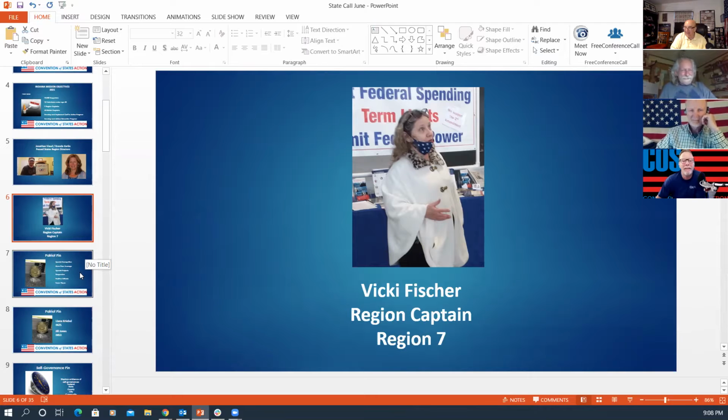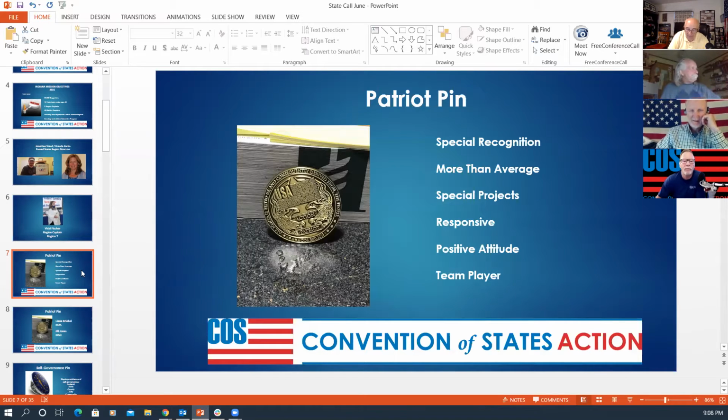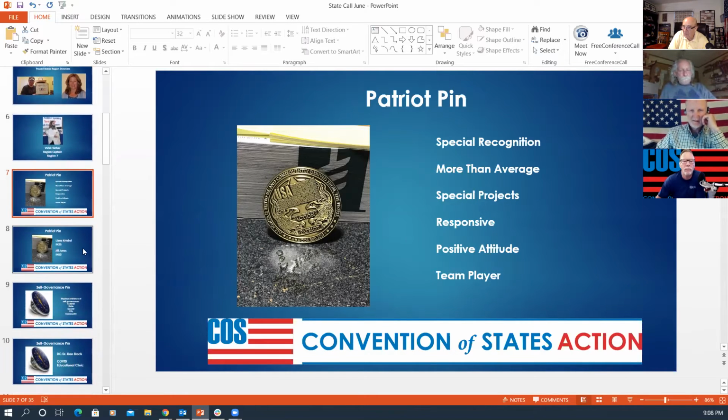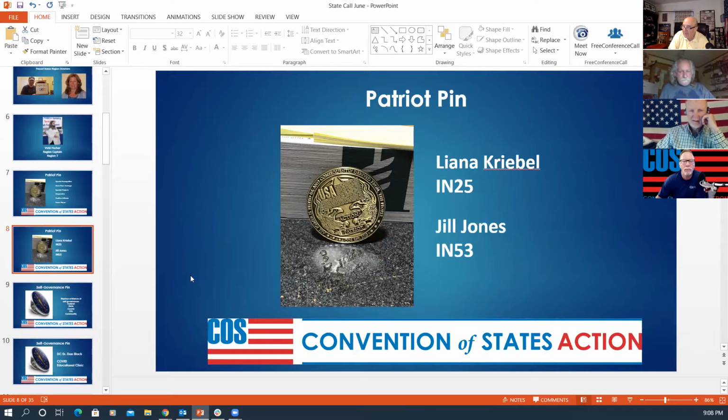Here's the next thing. Do we want to give a Patriot pin away? I think there's two possible candidates, and that's Diane Jones for her meeting with Representative Carbaugh. I mean, Jill Jones. No, Diane Jones.